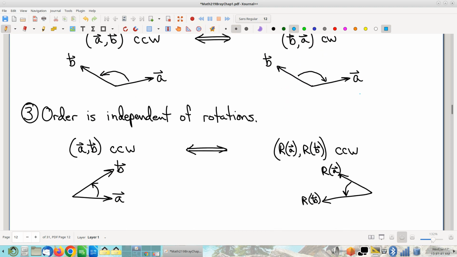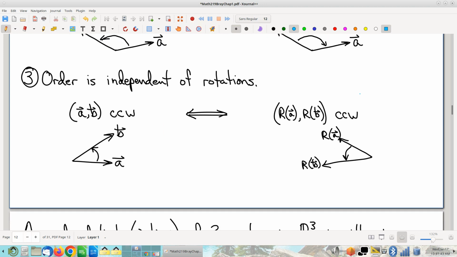And then let's see here. The order of a list is independent of rotations. So, for example, if you have a list AB that is counterclockwise, like so, if you take the entire picture, you rotate the entire picture, right?